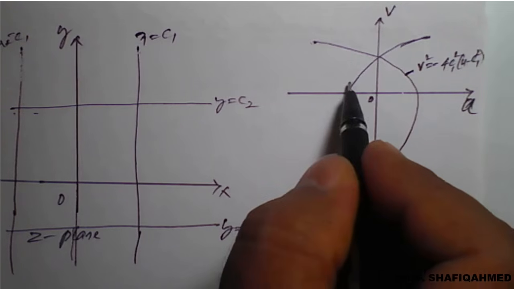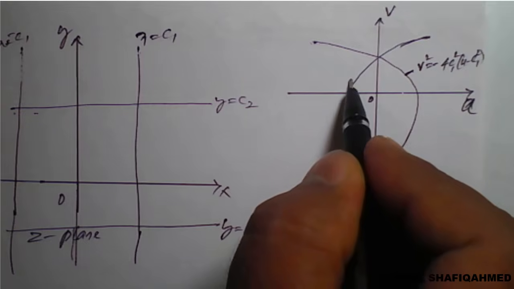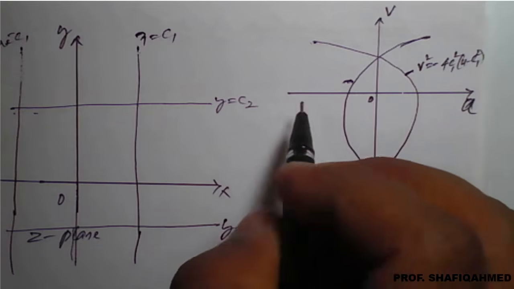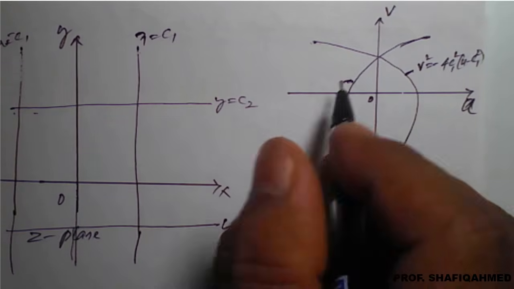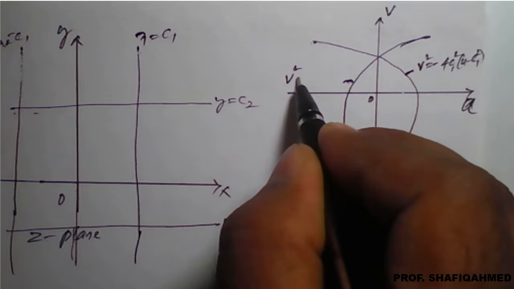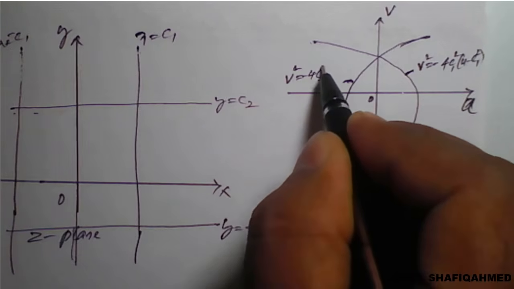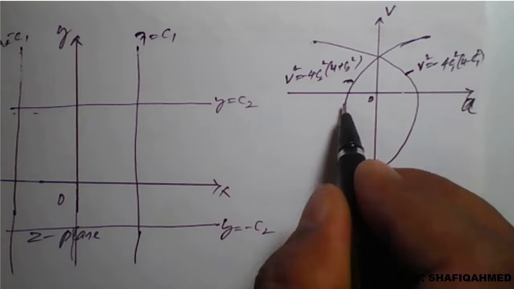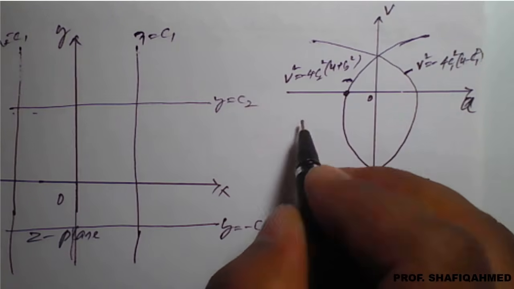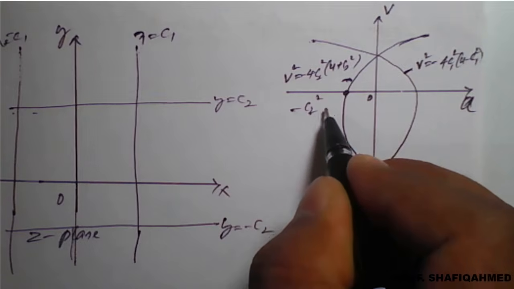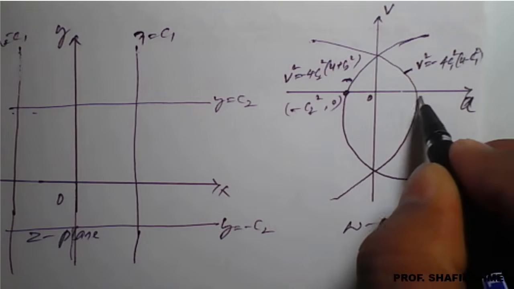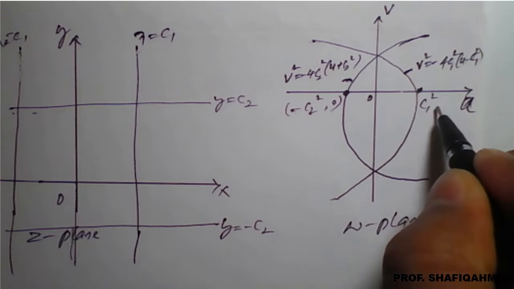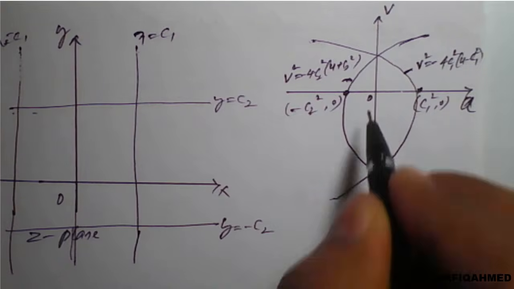There is a negative sign here because it is in the negative direction, or else you can take it as positive here also. Here it is v square is equal to minus 4c2 square of u plus c2 square. This is a point minus c2 square comma 0, and this is a point c1 square comma 0. This is the origin 0 comma 0.